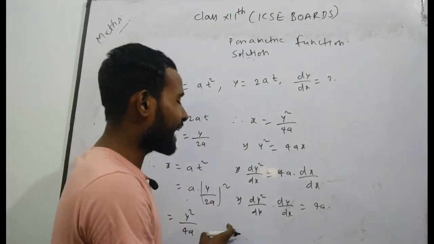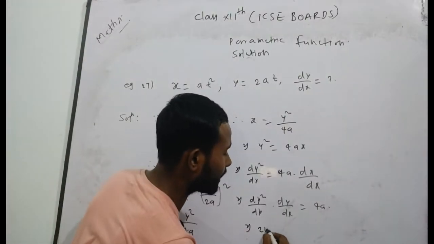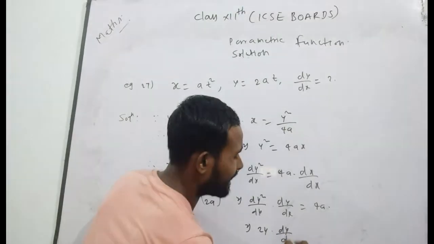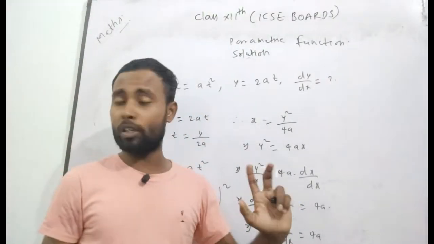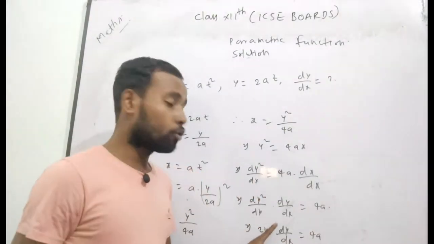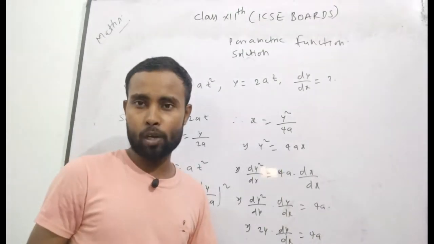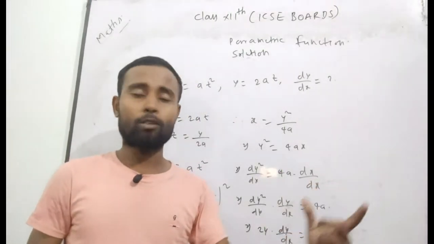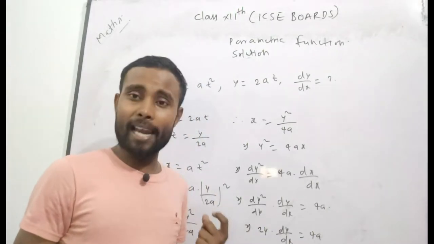Now, if you see in LHS, you will get the derivative of y square with respect to y, which will be 2y into dy/dx. I have already told you, be careful while solving this question because you have to find dy/dx. So don't worry about taking time, I have to find its value. There should be no constant value. That means dy/dx you have to find. So always take it on the LHS side.